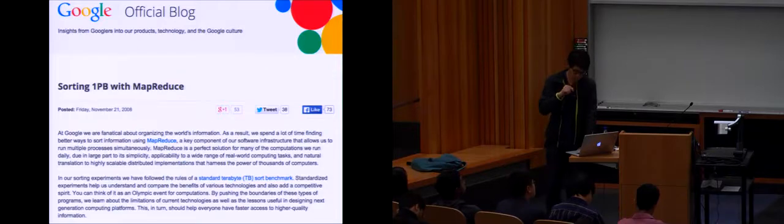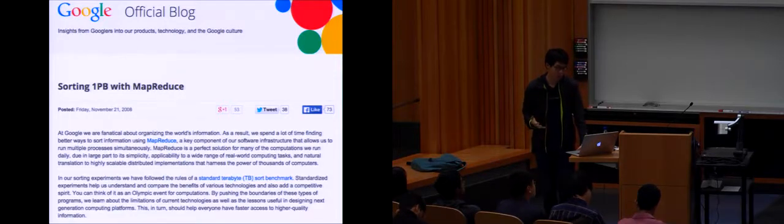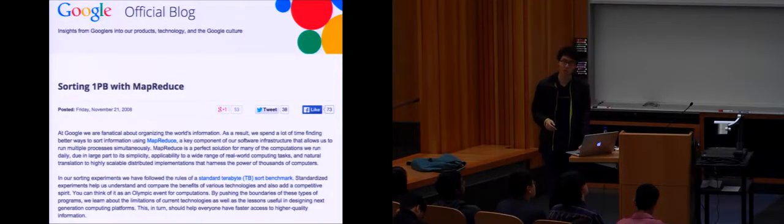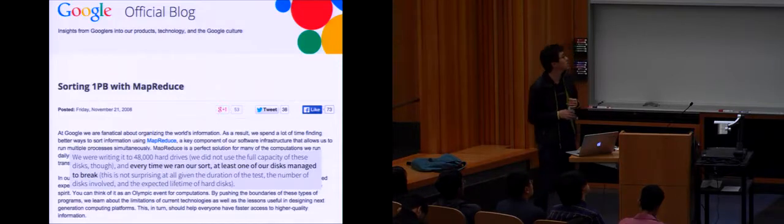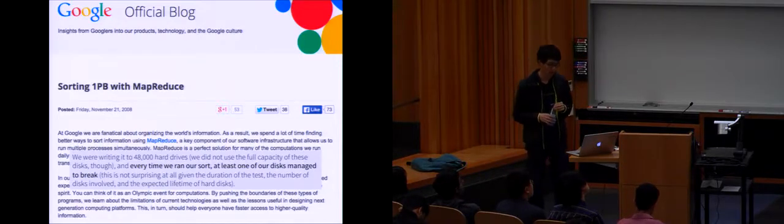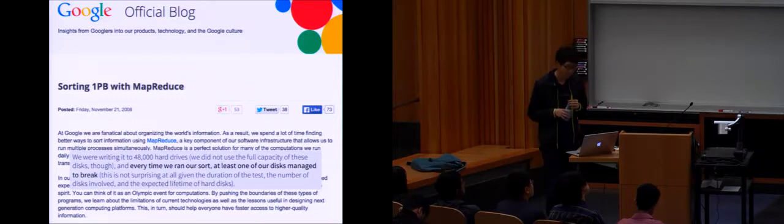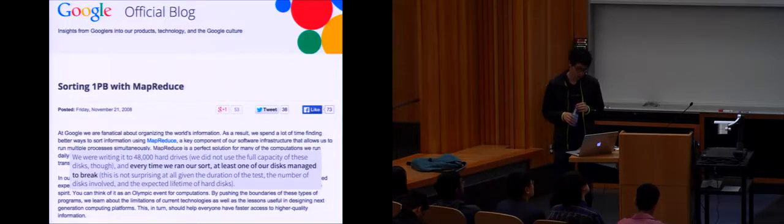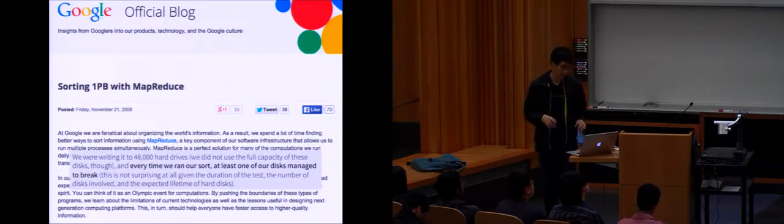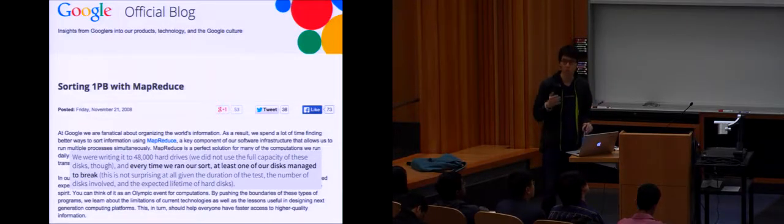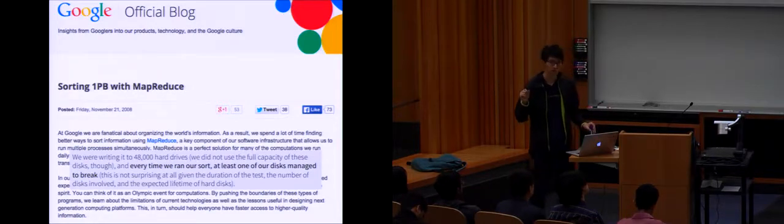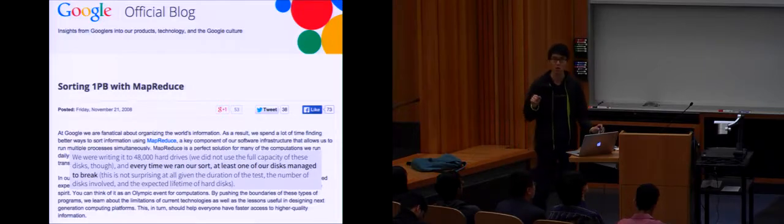There's one interesting thing. Back in 2008, Google sorted a petabyte on their MapReduce system. They were using about 48,000 hard drives to sort a petabyte of data, and if I remember correctly, it took about 6 hours. One interesting tidbit is that every time they ran the sort, in that span of about 6 hours, at least one of the 48,000 hard drives would fail.